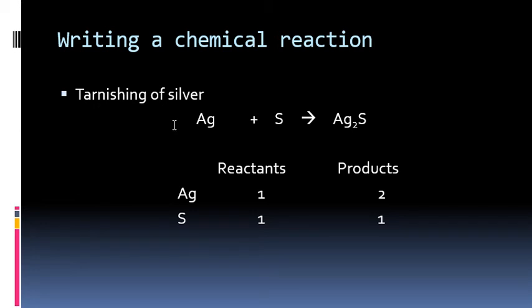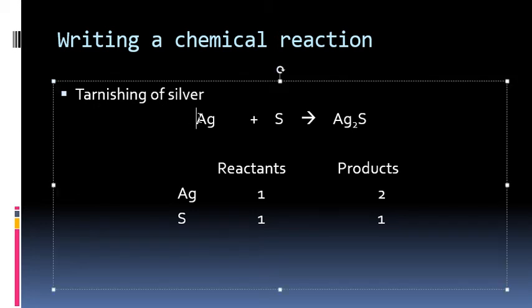So for example, what happens if we add a coefficient of 2 in front of Ag on the reactant side? That multiplies the number of silver we had by 2 on the reactant side, so that number becomes 2. We don't need to add any other number for any of the other compounds. If the coefficient is 1, you can just leave that blank.